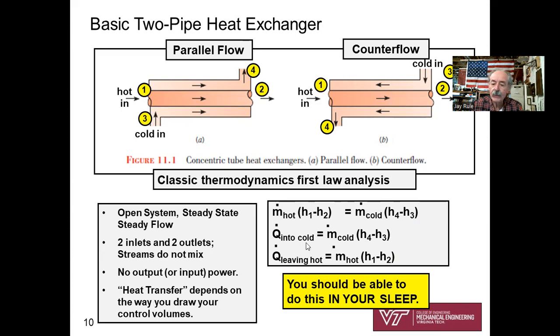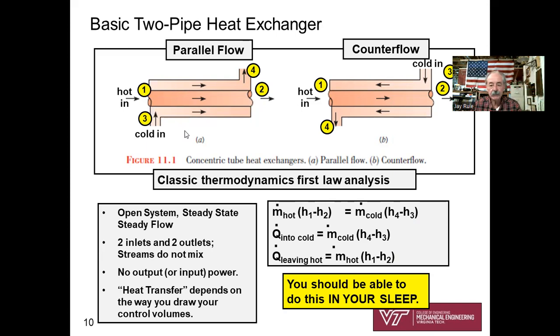So do you see that in thermo class, if you drew a control volume around this entire piece of equipment, and you knew that you had insulation totally wrapping the whole heat exchanger, a fully insulated shell, okay?